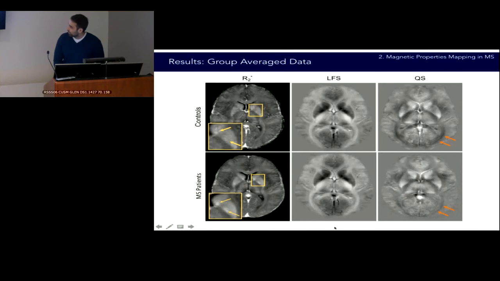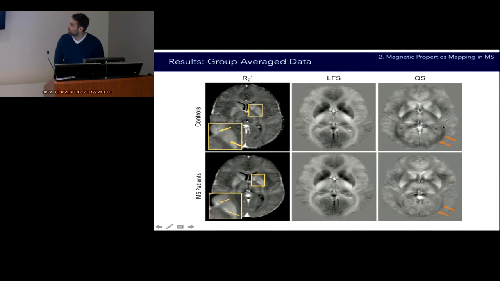What you can already appreciate from these images in the template space is that the MS patients have higher R2*, indicative of higher iron content in the deep brain structures at the group level, and lower myelin content, for instance, in the optic radiations.